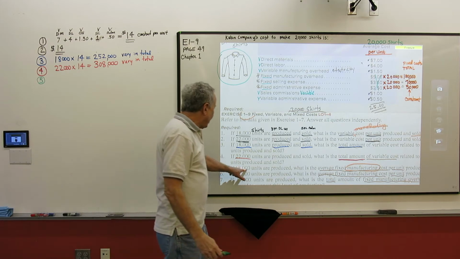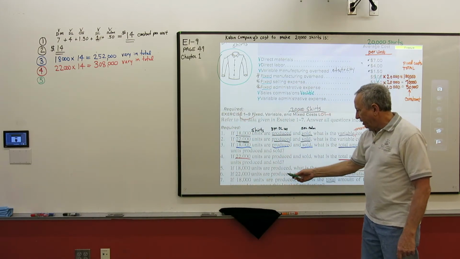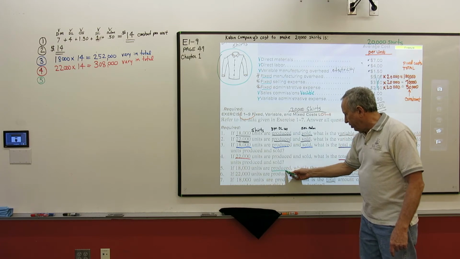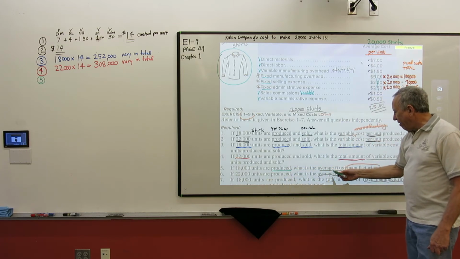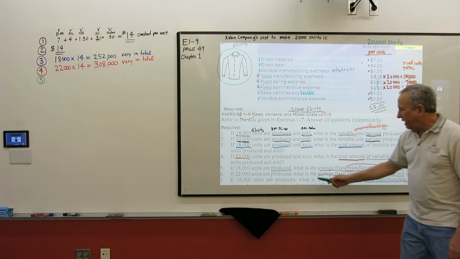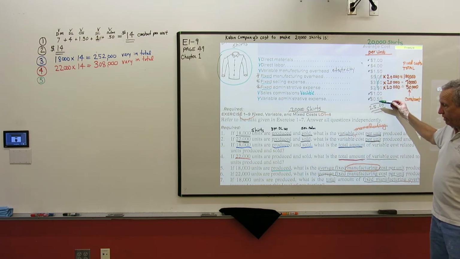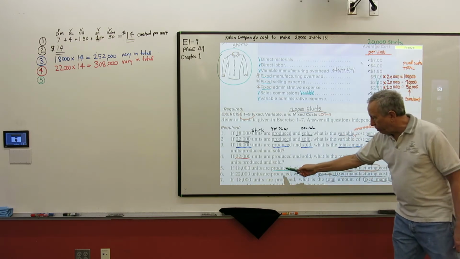If 18,000 units are produced, now hold it, it didn't say sold here, so be careful. If 18,000 units are just produced, what is the average fixed manufacturing cost per unit? Okay, this is a little more technical. That means we do not want to deal with any selling or administrative expense, because it just wants production costs.